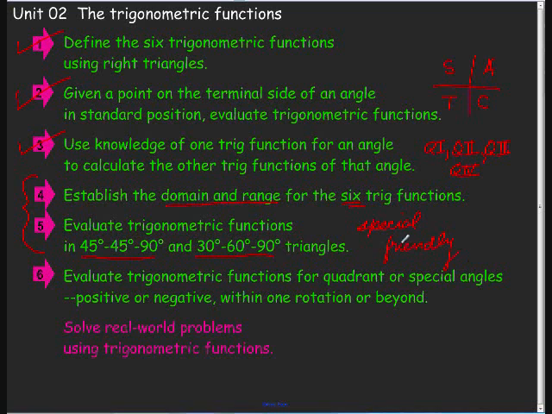Well, why do we think of them as friendly? Because their relationships, the side length proportions, are fixed and help us to remember the ratios. We'll spend a lot of time with that today.